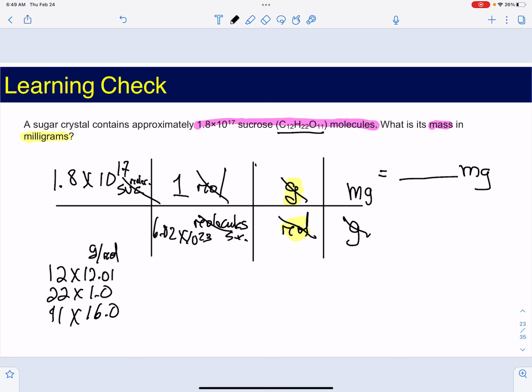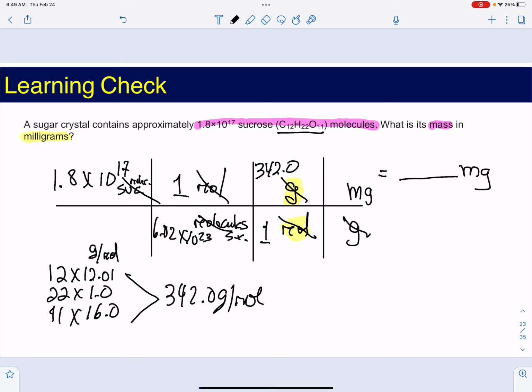When you put all that together, let's find out real quick. 144 plus 22 plus 16 times 11, which is gonna equal 342.0 grams per mole. So that's gonna be 1 mole equals 342.0.